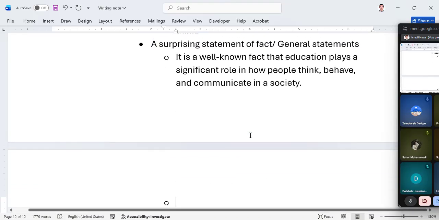That's a general statement. Here we are generally discussing education, the importance of education.